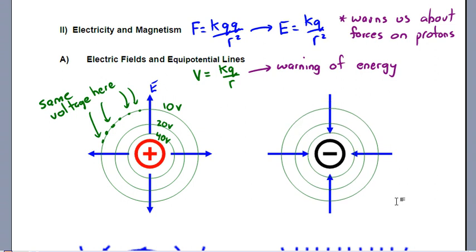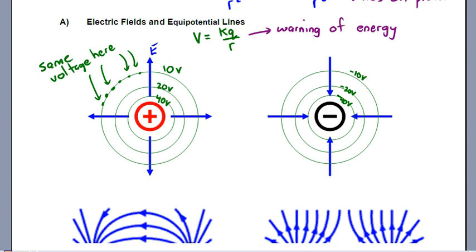So these voltages, because the Q value would be negative, these would all be negative voltages. Maybe this is a negative 10 volt line, and this could be a negative 20 volt line, and this might be a negative 40 volt equipotential line. So these are commonly drawn things. We just never ever drew them in Physics 12, right? These equal voltage equipotential lines, as we call them.